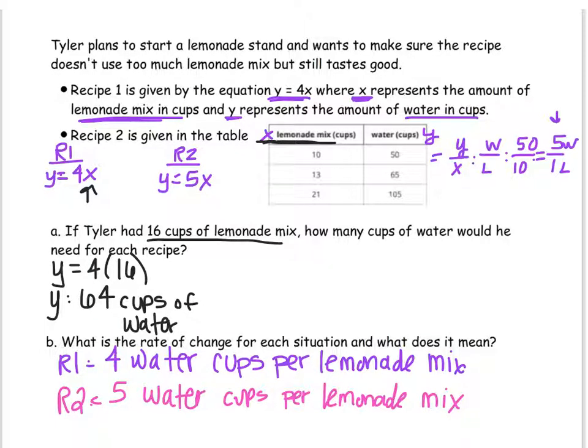For recipe 2, I need to do 5 cups for every lemonade mix. So I have to do 5 times the 16 that I have.